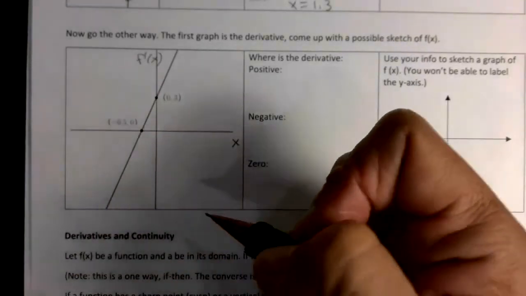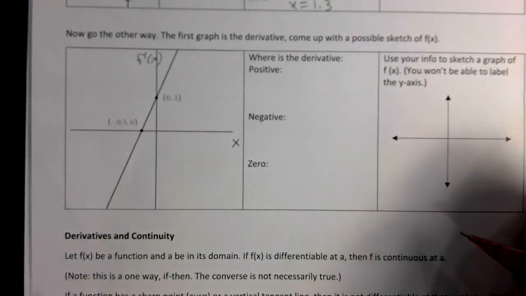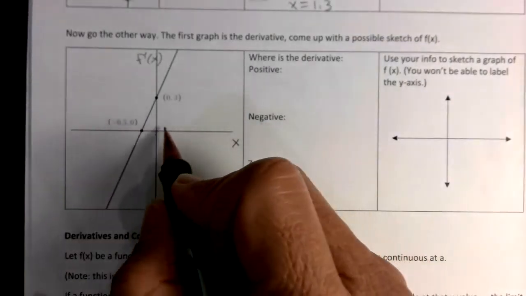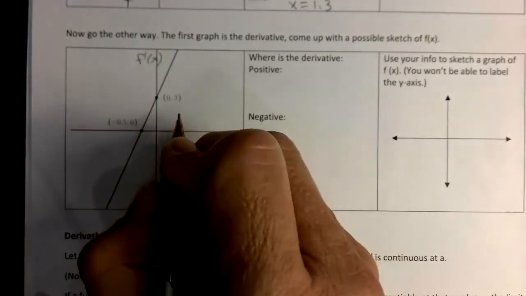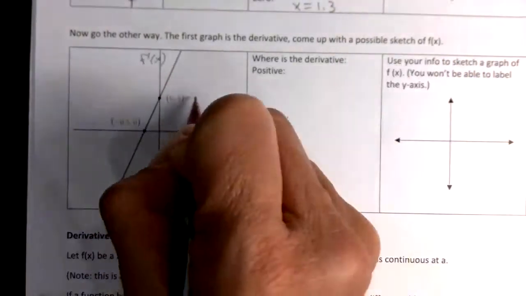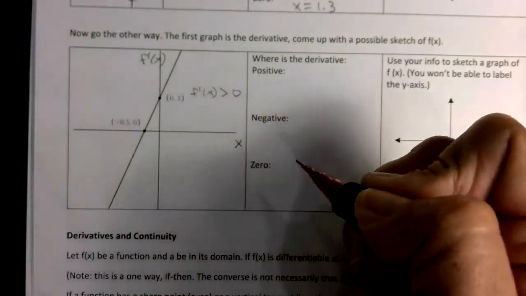Okay, so this picture here, this line that we have, is the derivative. So where is my derivative positive? Where are the function values of this derivative positive? Where is f prime of x greater than 0?